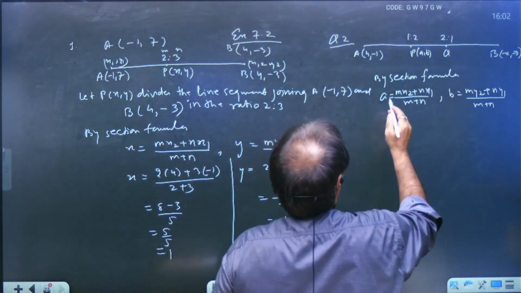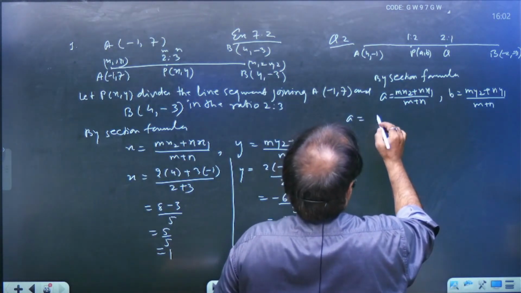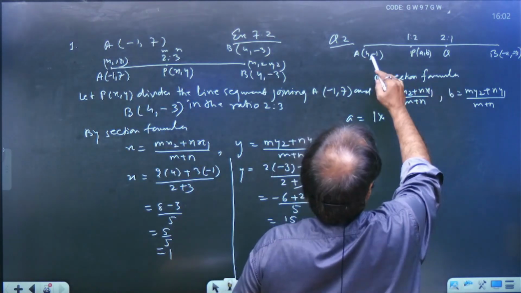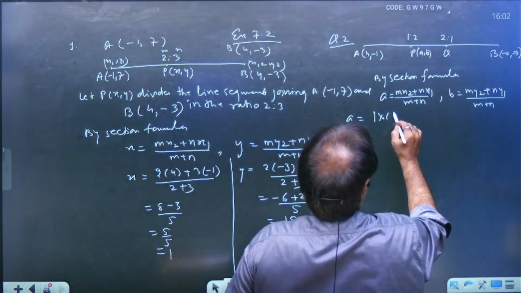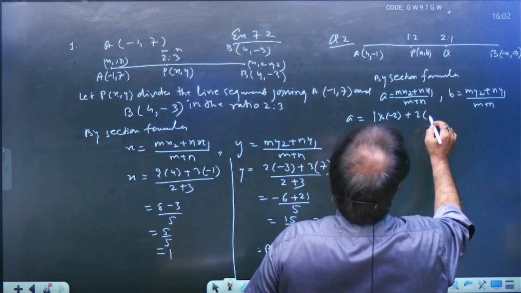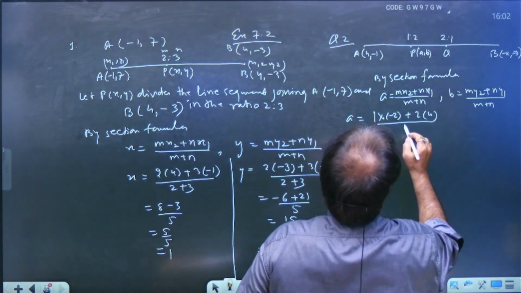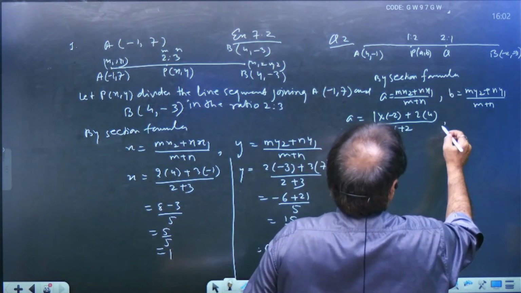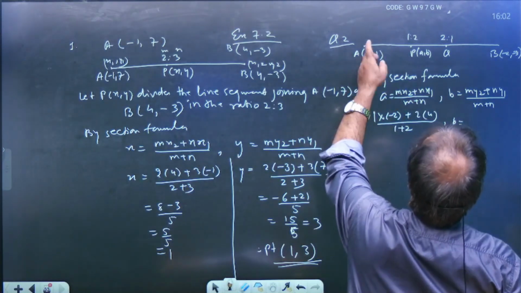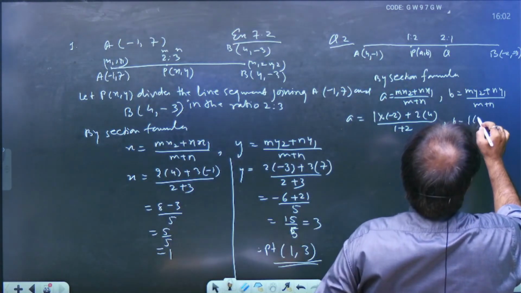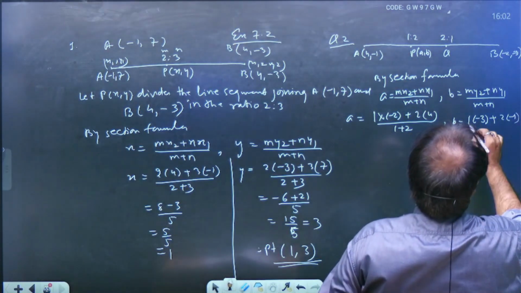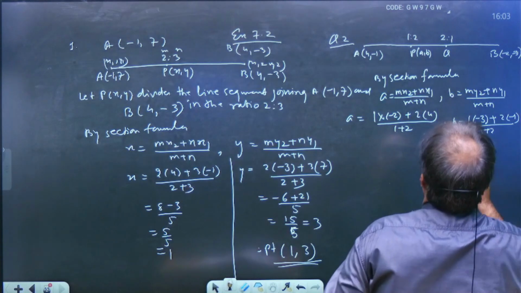Now put the values: 1 into -2 plus 2 into 4 upon the sum of the ratio 1 plus 2, and b is equal to 1 into -3 plus 2 into -1 upon 1 plus 2.